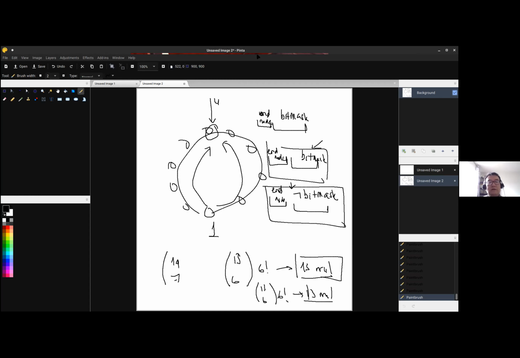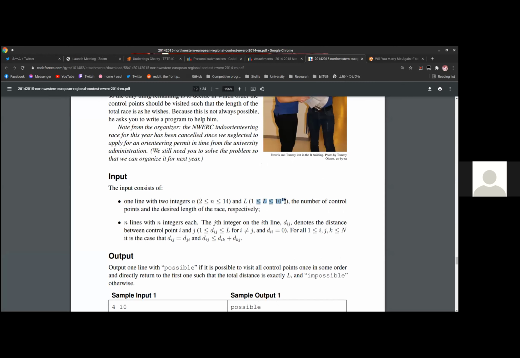You don't get a reduced number of states that way. Actually, you can do bitmask DP. It's just that the path length is like 10 to 15, so you cannot store the other dimension at all. Okay. So if L is small, then you can do DP. Yeah.